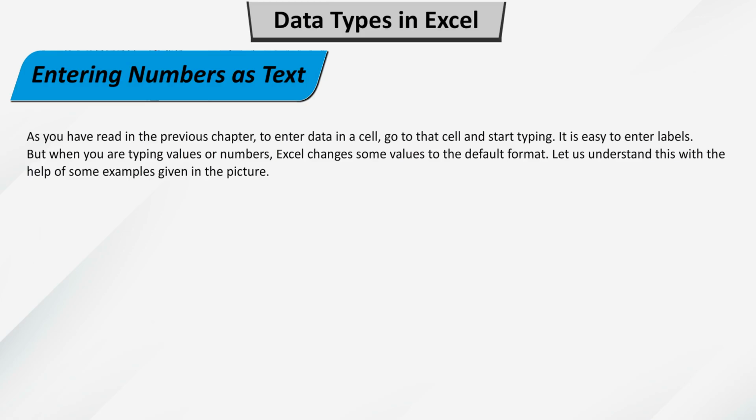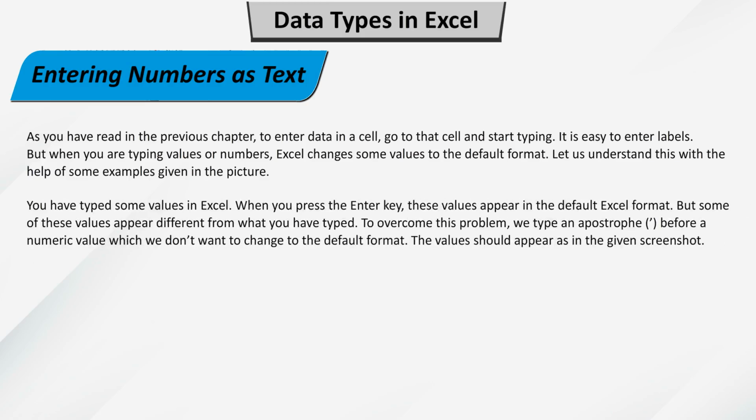Let us understand this with the help of some examples given in the picture. You have typed some values in Excel. When you press the Enter key, these values appear in the default Excel format. But some of these values appear different from what you have typed.